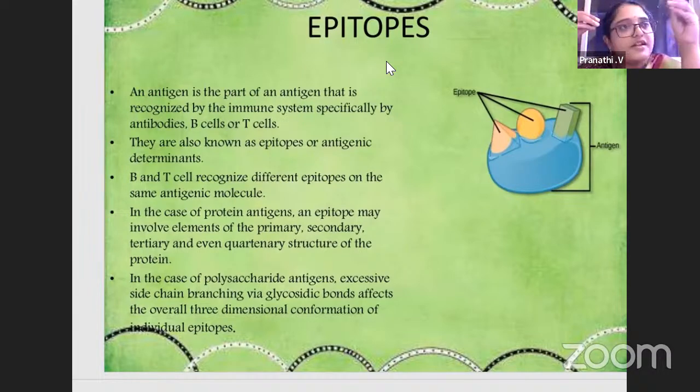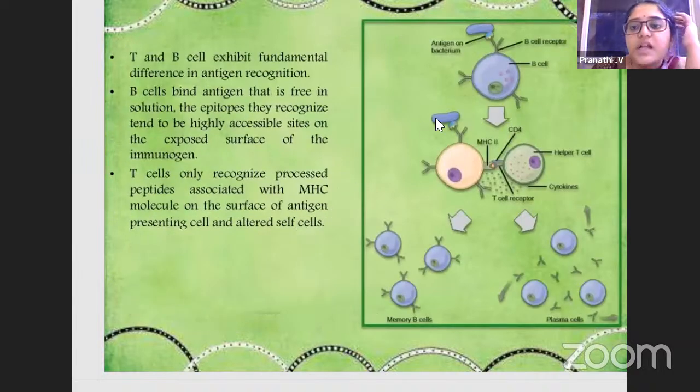And in the case of different kinds of antigens that are not proteinaceous in nature, you have glycosidic bonds and 3D conformations present. It can be anything, but usually proteinaceous in nature. These are going to be recognized by the antibodies, and then T and B cells exhibit these fundamental differences in recognition. So these are the antibodies. In fact, this is the antigen of the bacterium, the epitope region.